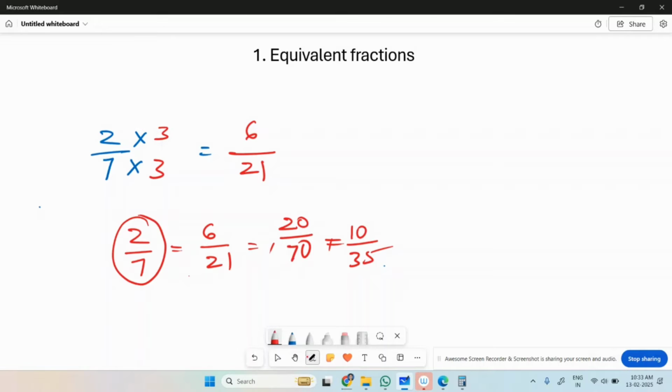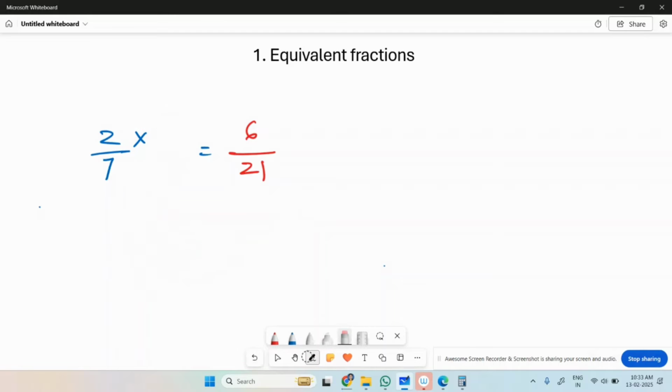To find an equivalent fraction of a given fraction, not only multiplication, we can also divide. Let's take 4 upon 14. Here we can divide the numerator and denominator by the same non-zero number. Non-zero number means apart from 0, it can be any number.